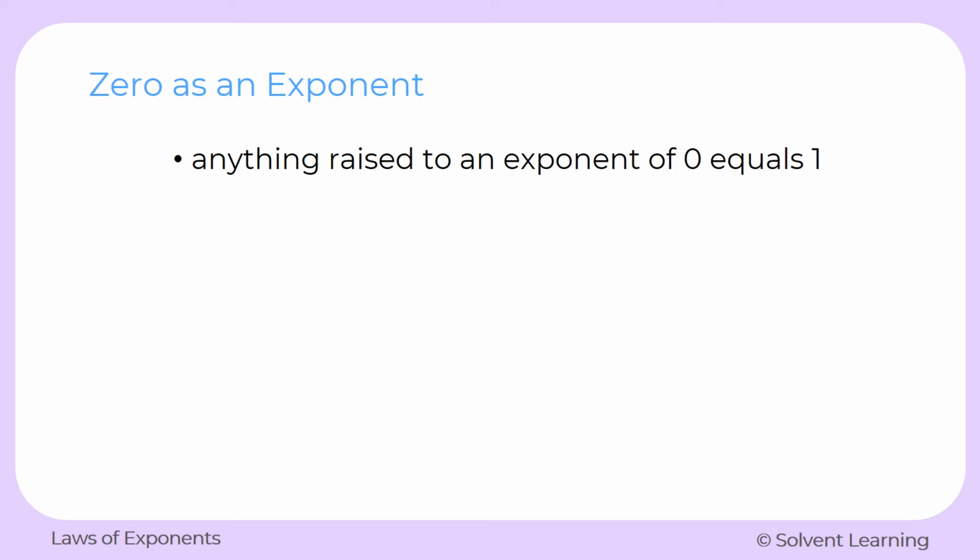If it's raised to an exponent of 0, that expression is going to be simplified to just 1 every time. So if we have 5 raised to 0, it equals 1. If we have b raised to 0, it also equals 1.